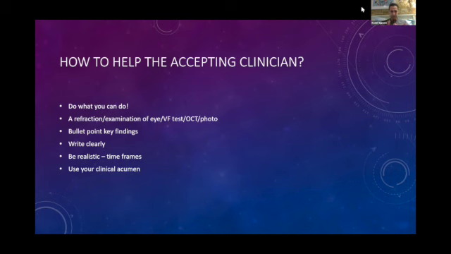You're trying to pick out the key salient features, and if you just bullet point them, that's all I'm interested in looking at. Angles narrow, pressure's a bit elevated, visual field looks a bit funny, please can you see query glaucoma? That's absolutely fine. But writing a long continuous prose paragraph doesn't really help anyone.